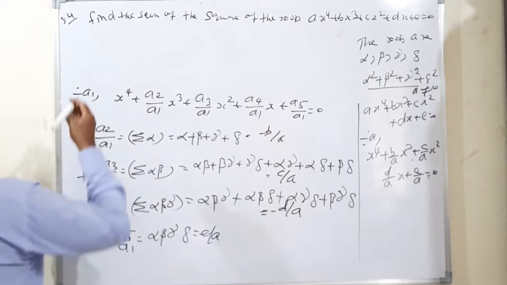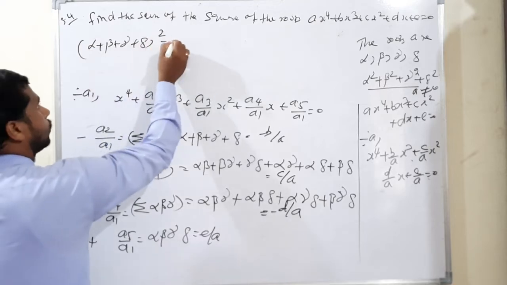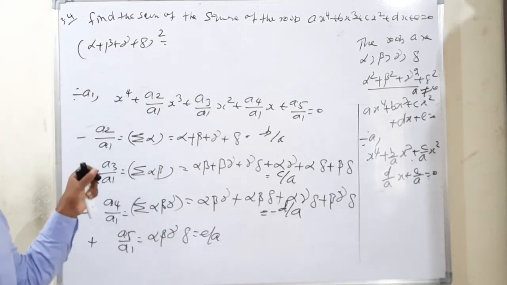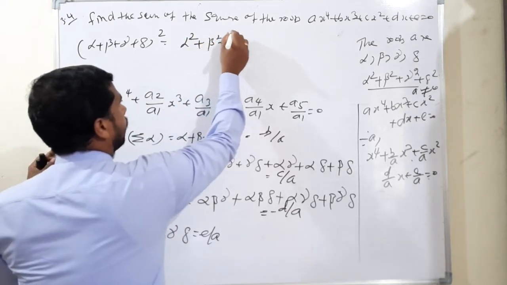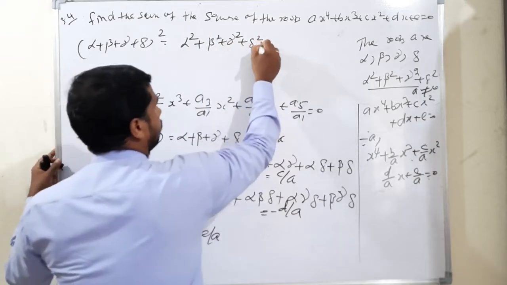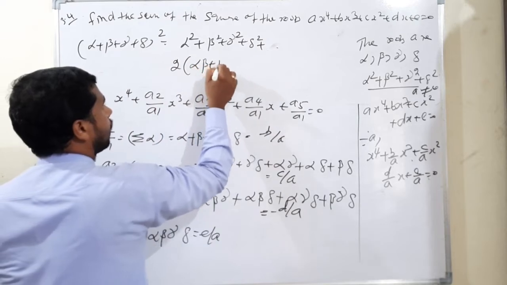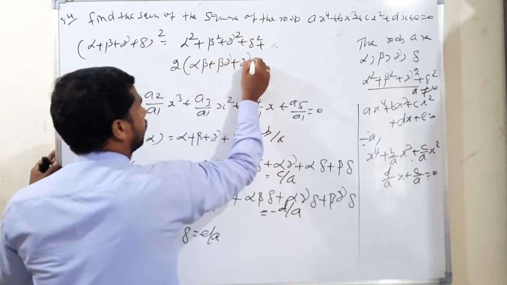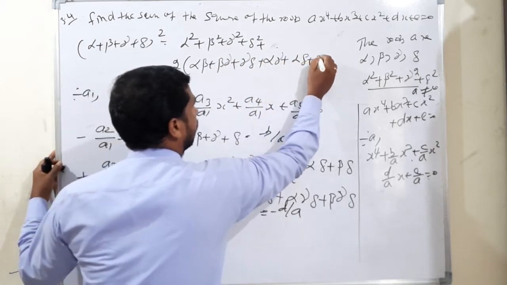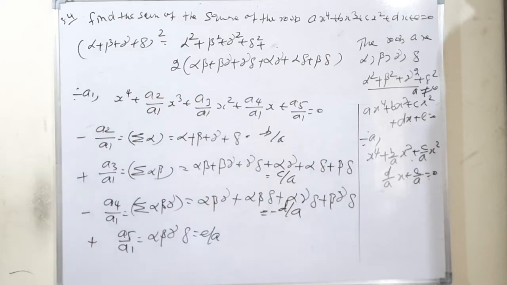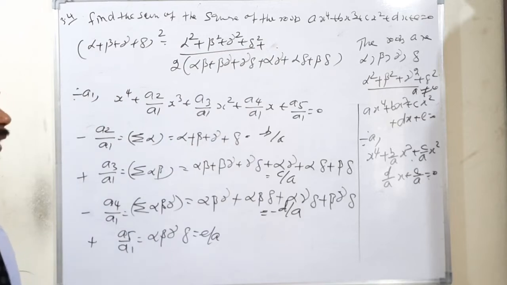Alpha plus beta plus gamma plus delta the whole square is equal to first alpha square, beta square, gamma square, delta square, then plus 2 into alpha beta, beta gamma, gamma delta, alpha gamma, alpha delta, and the last one beta delta. This is a formula.